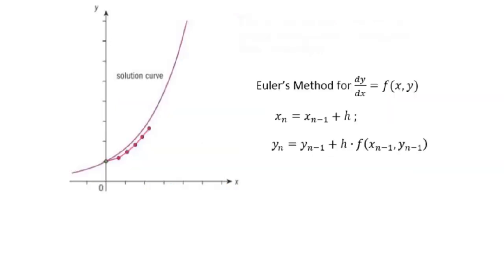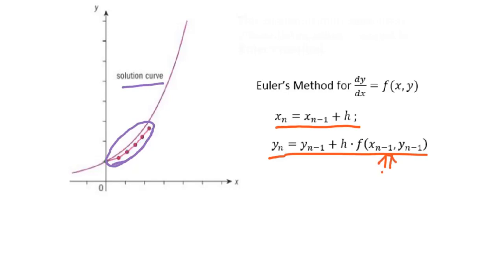So for the solution curve, if we want to use Euler's method to find the approximate value of a differential equation, you will get something like this. x sub n equals x sub n minus 1 plus h. y sub n equals y sub n minus 1 plus h times f of x sub n minus 1, y sub n minus 1.